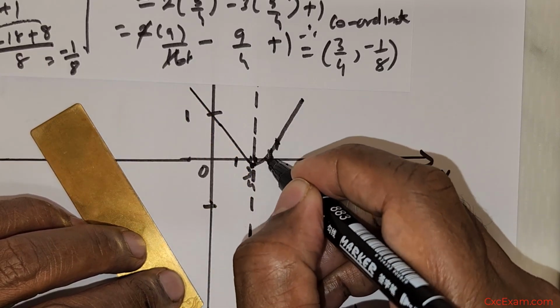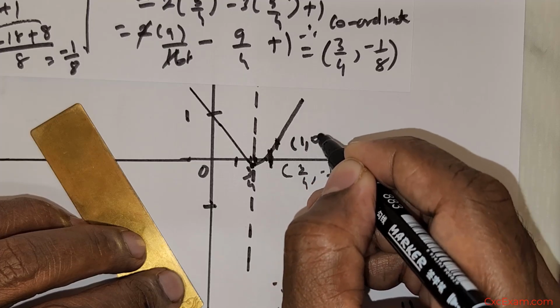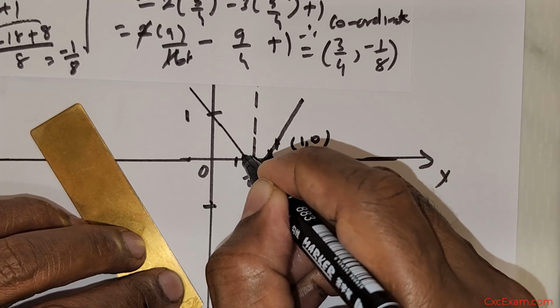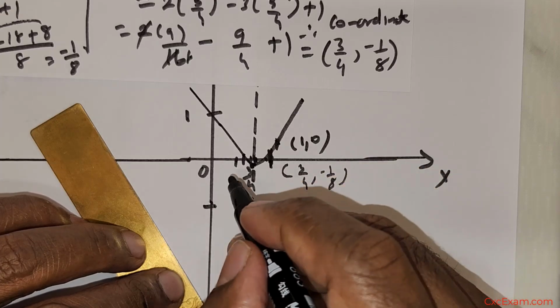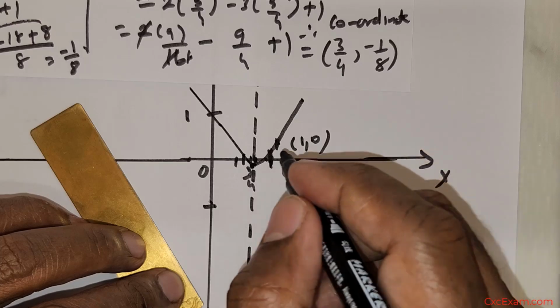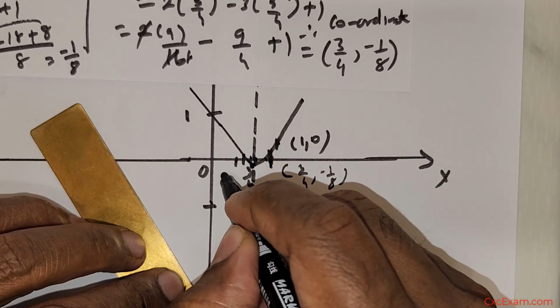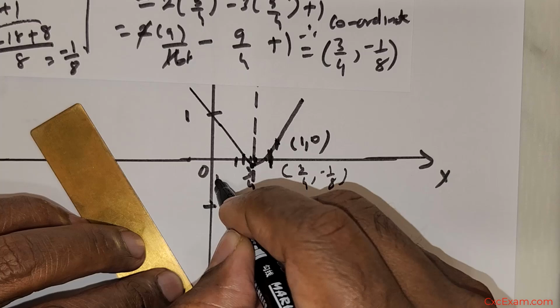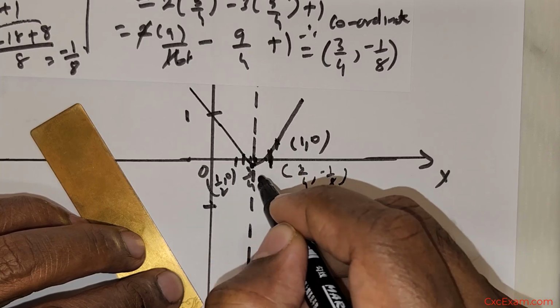Okay, so this intersection is 1, 0, and this intersection I'm going to take as 0.5, right? That's 1 over 2. So I will specify it here, 1 over 2, 0, right?